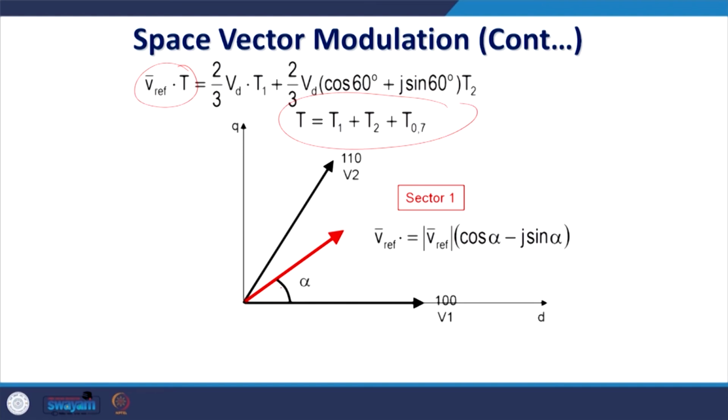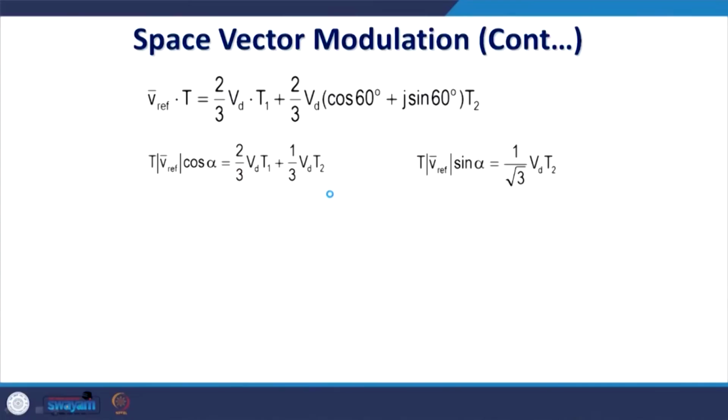So, this is the angle alpha, ultimately V ref equal to V ref cos alpha plus j sin alpha, you can equate them in the alpha beta axis, and later if you rotate this by the synchronous frame, this alpha beta becomes the DQ frame of reference. So, thus splitting in x and y axis, which is equivalent to alpha and beta. So, we can write V ref into T like this.